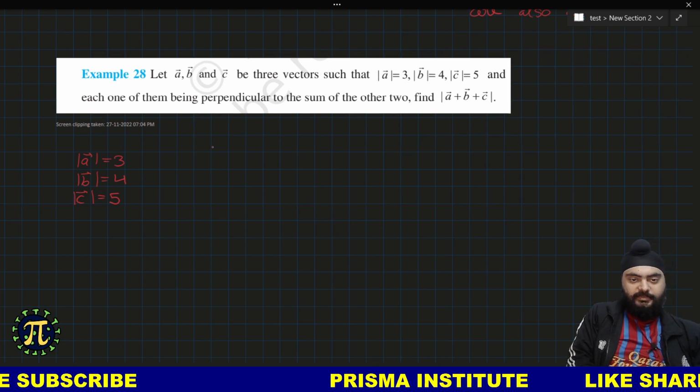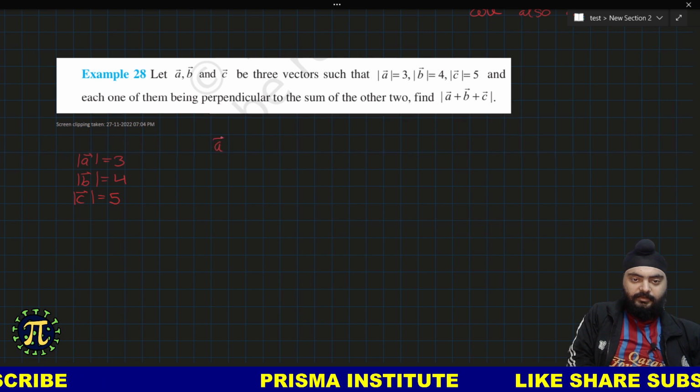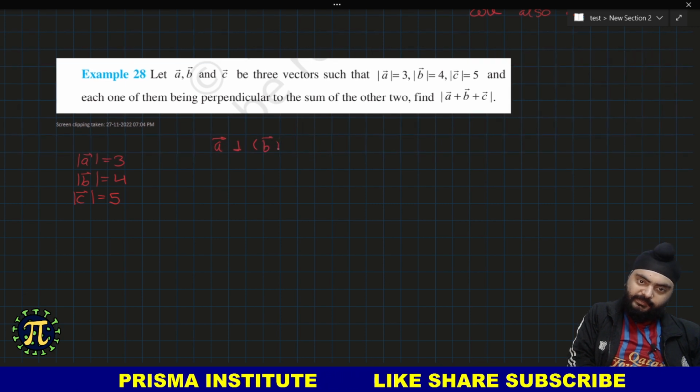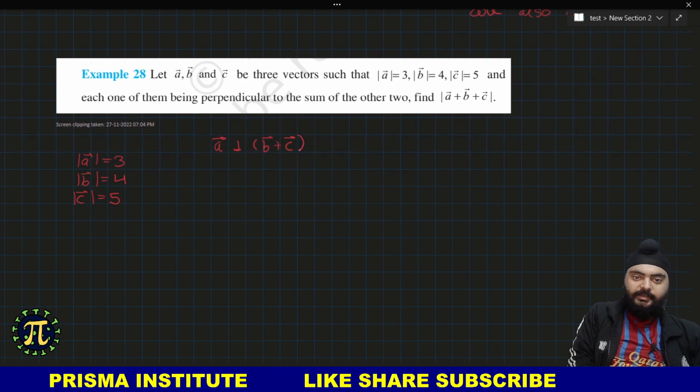So it says A vector is perpendicular to the sum of the other two. It is perpendicular to B plus C vector, right?